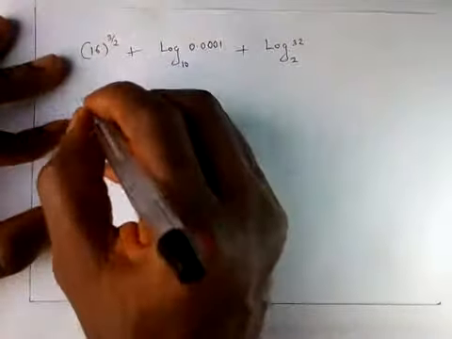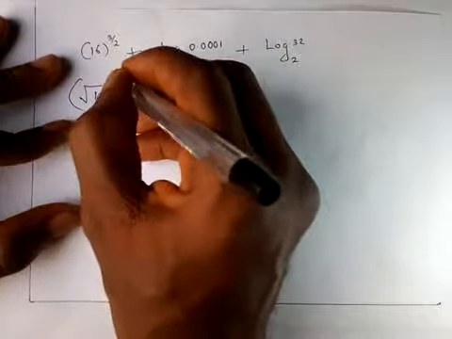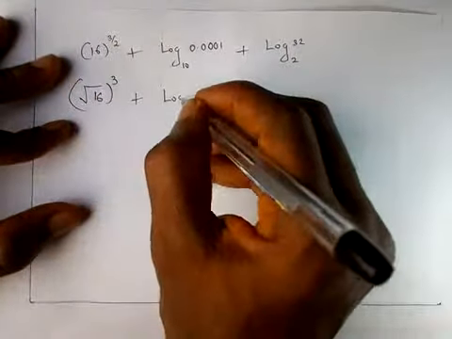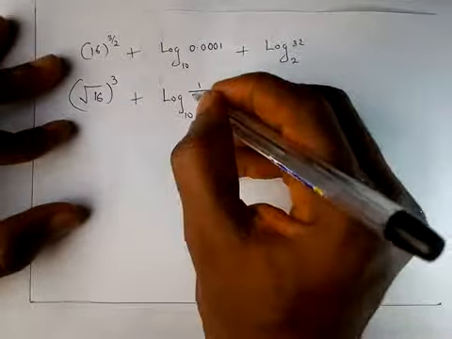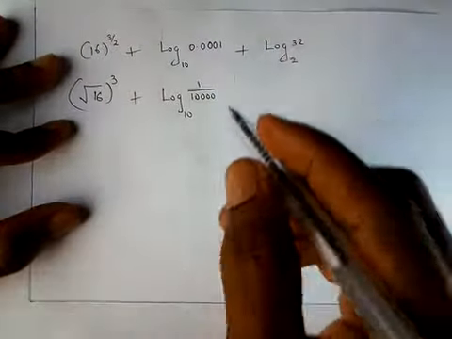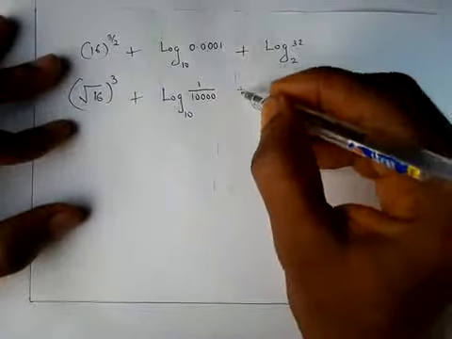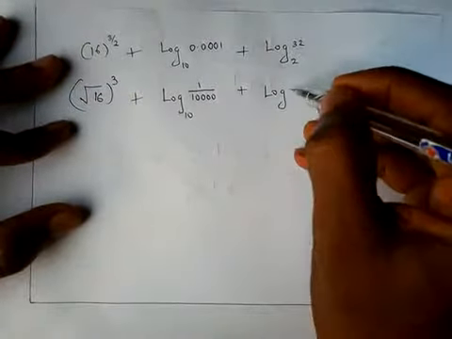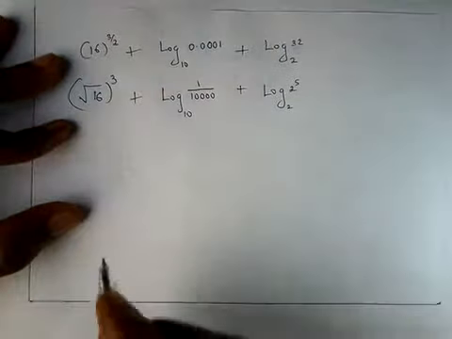Now indices. This is square root of 16 raised to power 3 plus log 10. This is 1 over 10000, with 4 zeros, because you have 4 numbers after the point, plus log 32, which is 2 raised to power 5 to base 2.